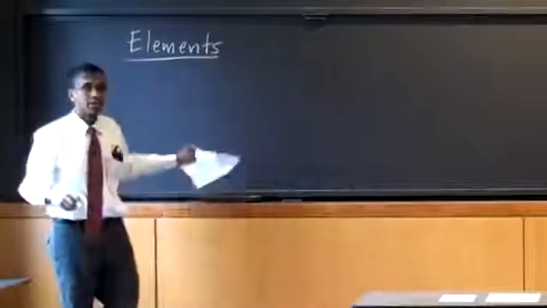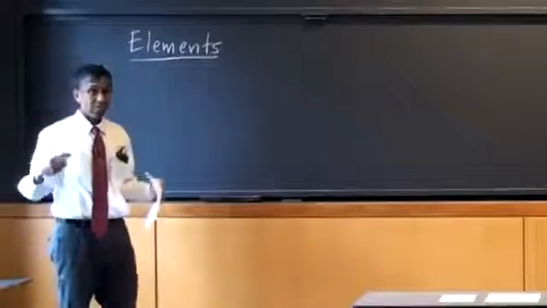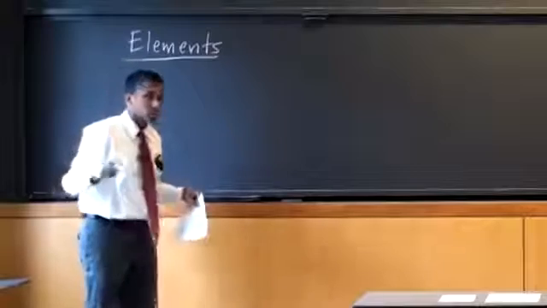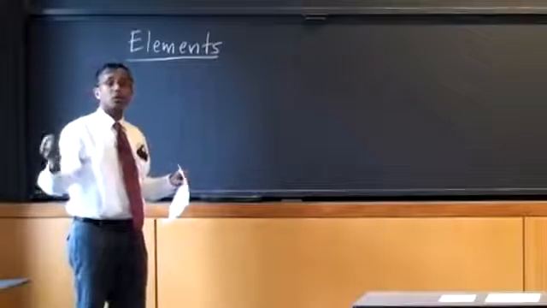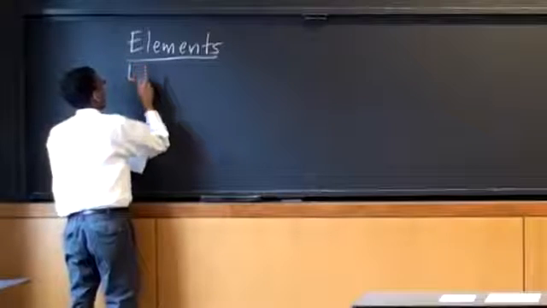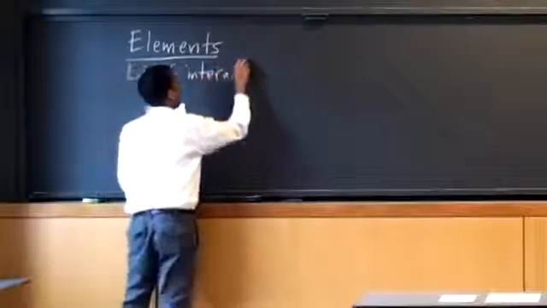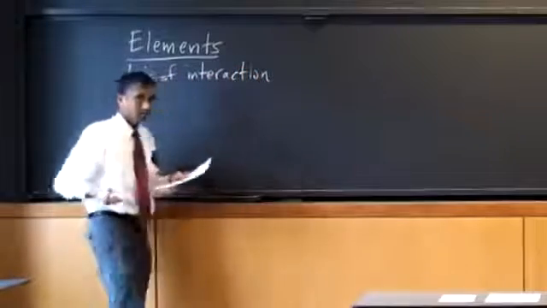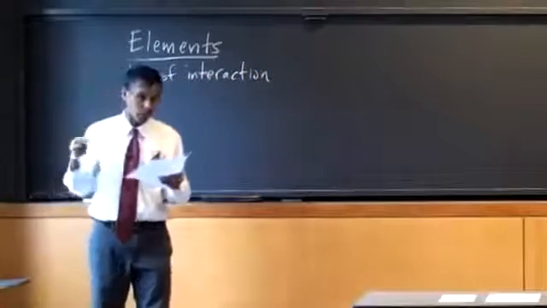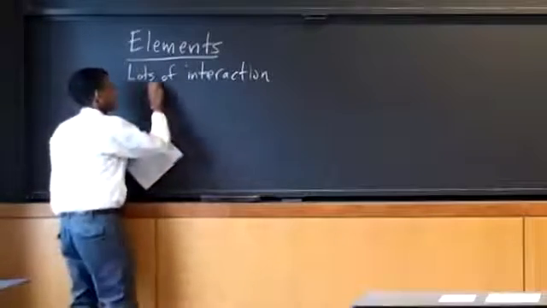On the left side, I'll list the elements. For example, there was lots of interaction. You were talking to each other, you were asking questions. In fact, you weren't just asking questions, you were voting. You voted twice.